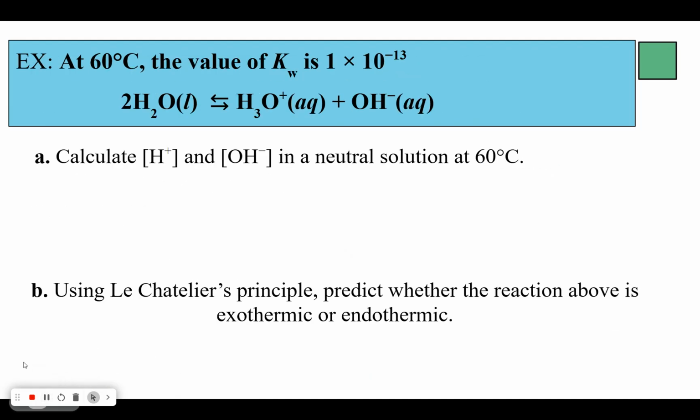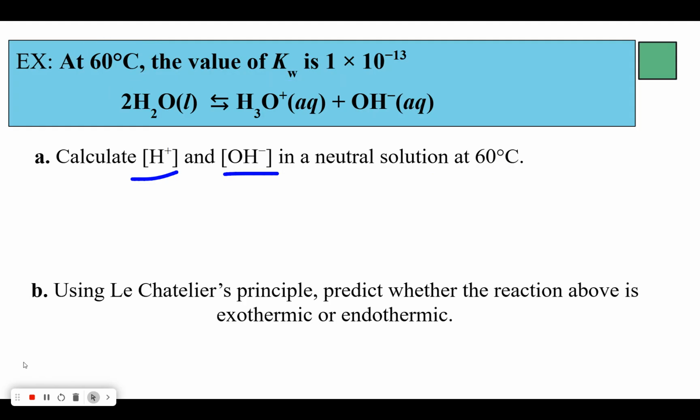So let's do some quick calculations with this K expression, this Kw expression, before we get into the pH scale and pH calculation specifically. So if we wanted to calculate the concentrations of these 2 key ions in a neutral solution of water at 60 degrees Celsius, we have this K value at 60 degrees Celsius, which is different than the K value we showed you up above, which was at 25 degrees Celsius, and that'll become important later.